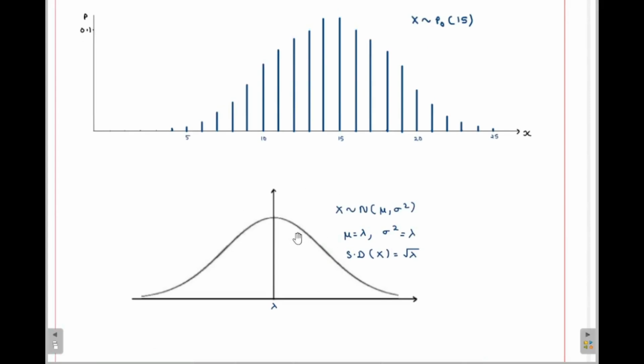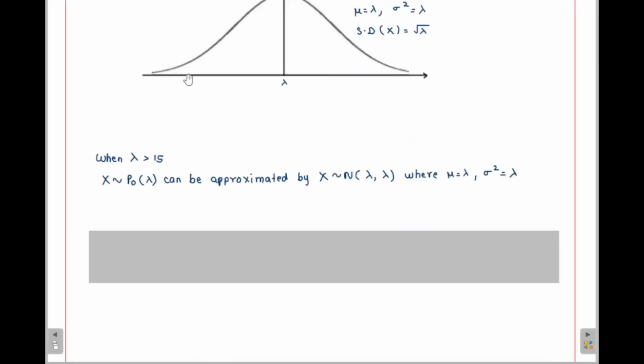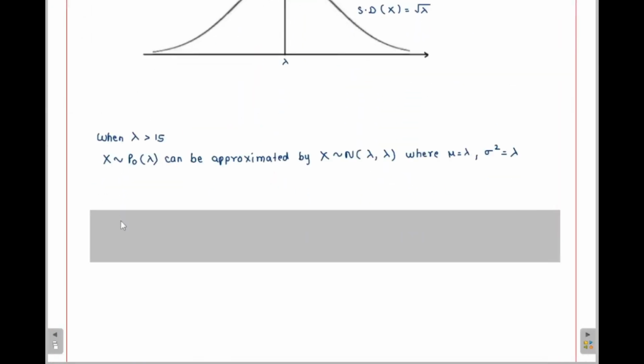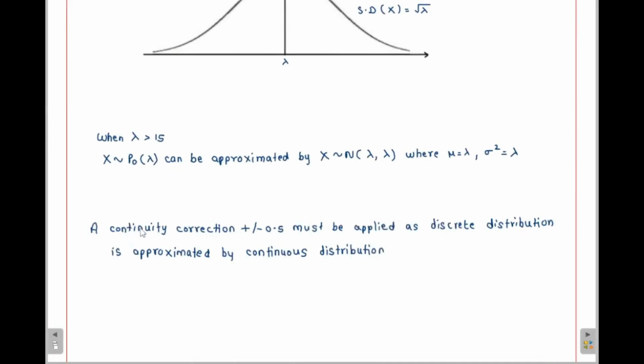You might have studied in Stats 1 that whenever we do such a thing, we have to do a continuity correction. So here also we will have to apply a continuity correction of adding 0.5 or subtracting 0.5, depending upon the scenario of the question.